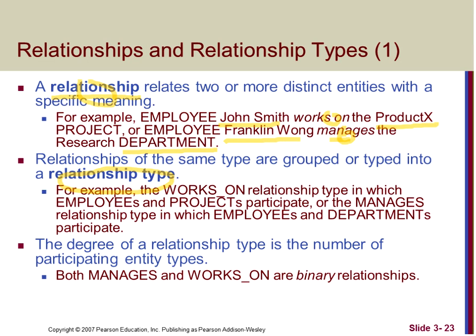So relationship is the same thing. We can identify the relationship. It's kind of an example. John Smith works on the product X. Franklin Wong manages the research department. Then finally we can identify such relationship types, works on, and manages, and so on.